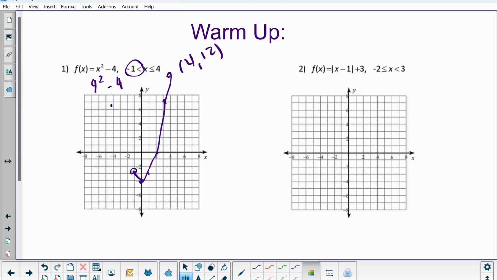And the second one is an absolute value that's been shifted over 1 and up 3. So over 1, up 3 would have a vertex here. And this one I can probably do just by substituting these values in to help me graph it because we know it's going to be a V. So if I put -2 in for x, I get the absolute value of -2 minus 1, plus 3, which becomes 3 plus 3, which is 6.